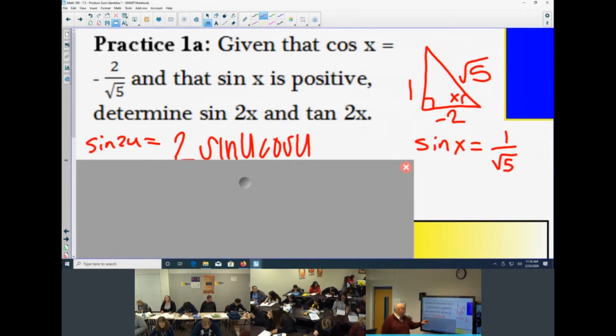So Andres, you just plug into this formula here. So the sine of 2x, what is that?